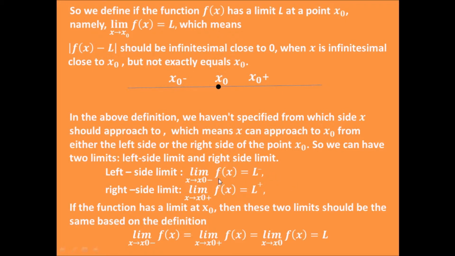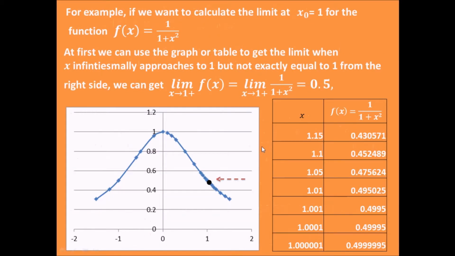However, if a function f(x) has a limit at x0, the left side and right side limits should be the same. So we get the left side limit, the right side limit, and the general definition of the limit equals L. Here is an example.